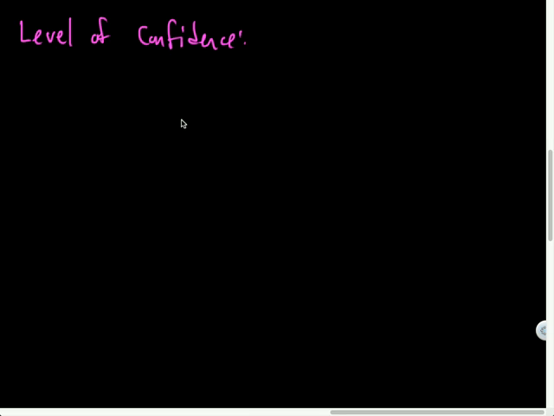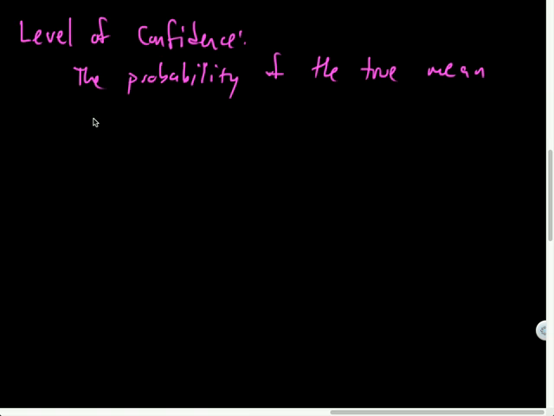Typically there's two that we use, but the level of confidence is the probability of the true mean being within a certain range of a sample.